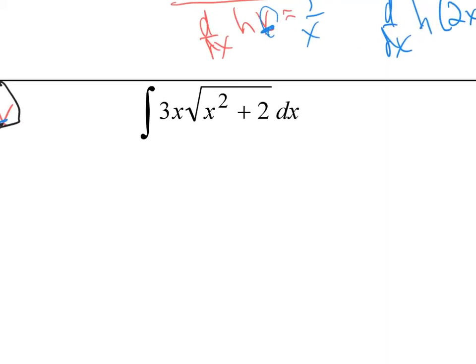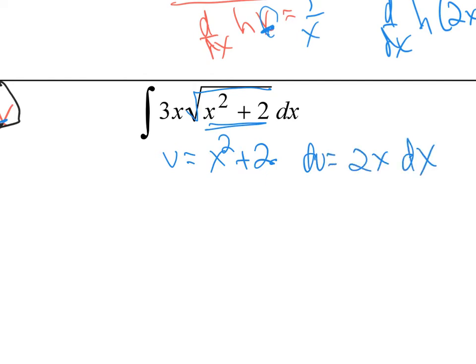Okay. So u is the inside function, x squared plus 2. Outside function was the square root, so that's what's there. This is my inside. Du would have to be 2x dx. Oh man, I'm so close. Because look what I have. I have a 3x dx.